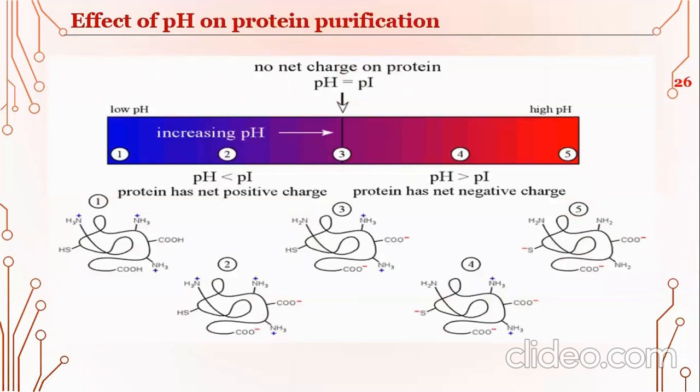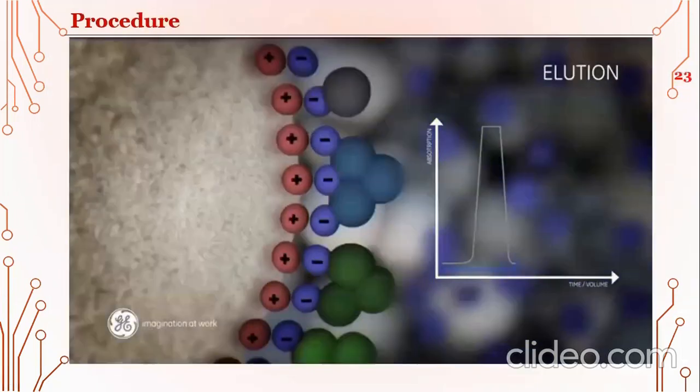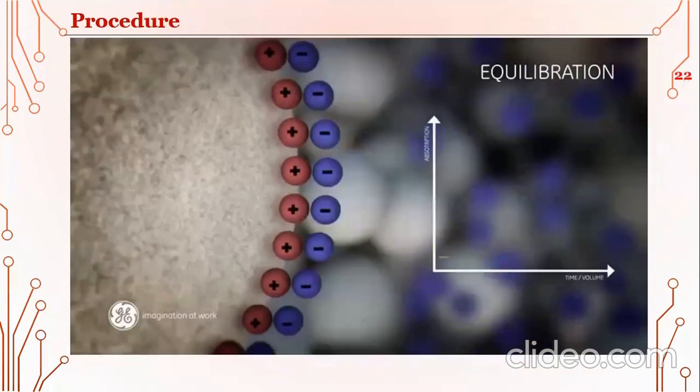Okay, I'm going to start from the exchanger. Some are strong exchangers and some are weak exchangers. It depends on the protein structure and strength. We are actually standardizing our protein according to the isoelectric point.